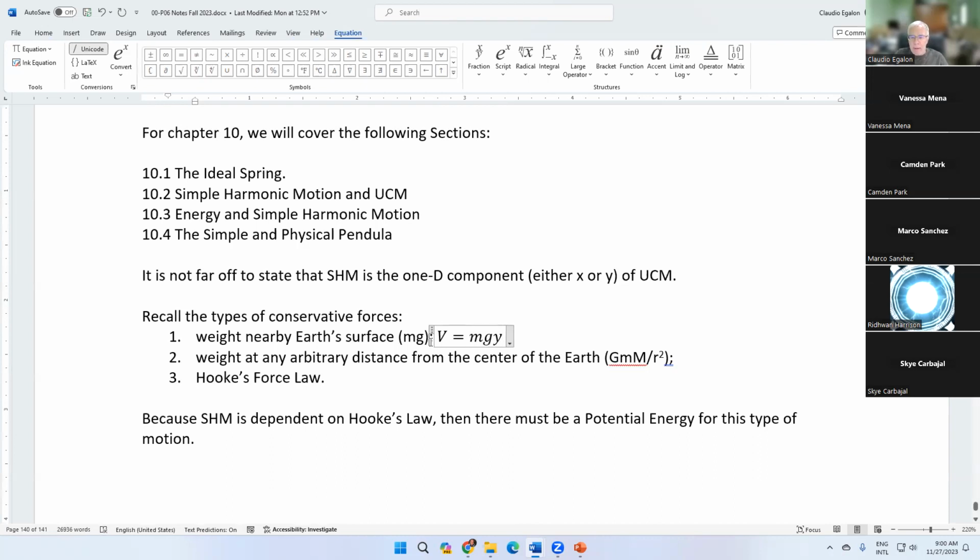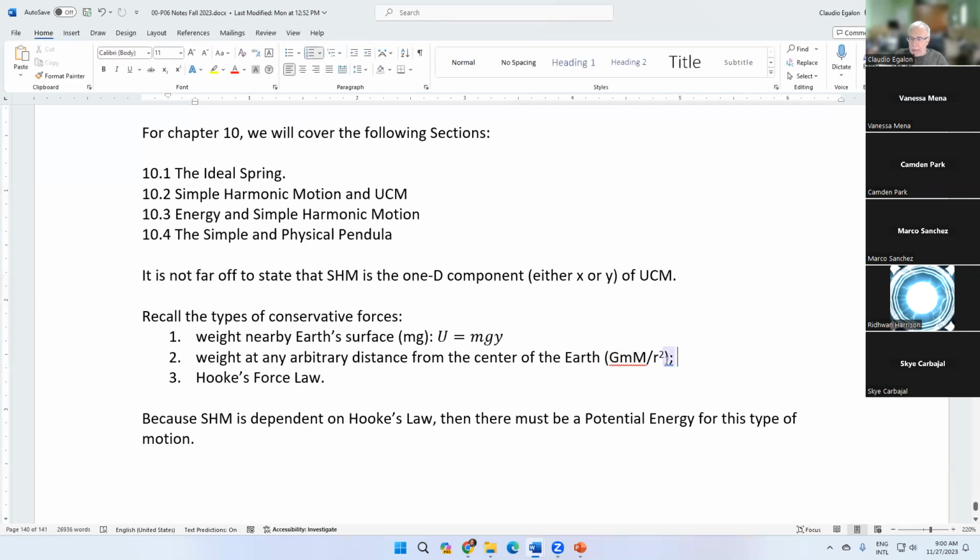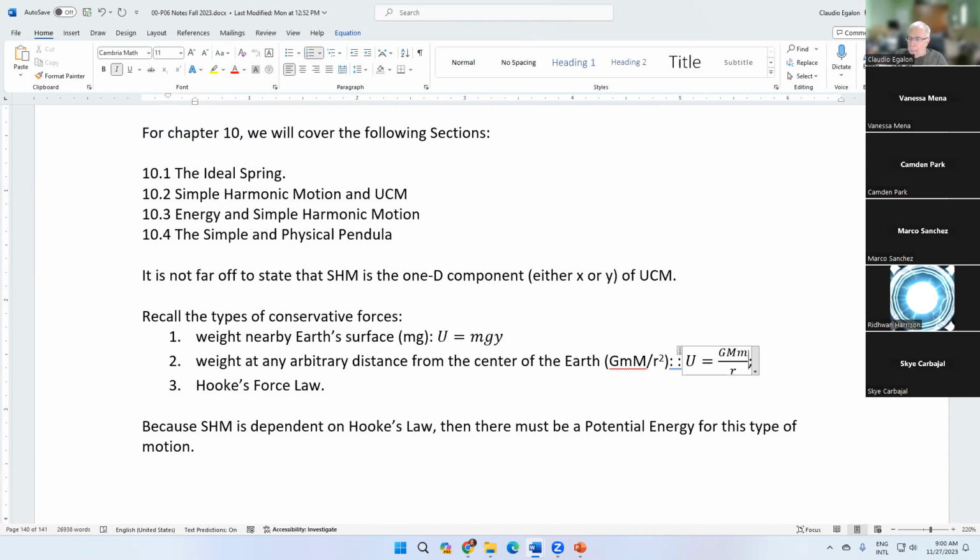Oh, it is U, not V. The other one is a little bit more complicated: U equal to minus big G, big M over R. And Hooke's law, do you remember?